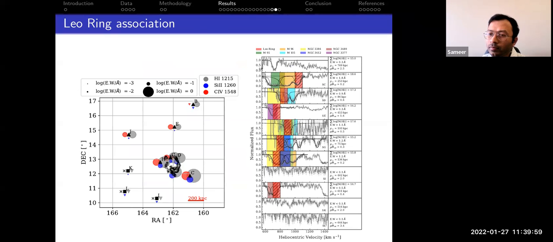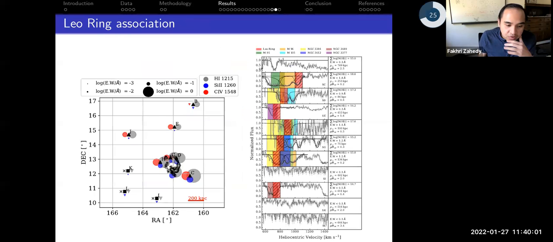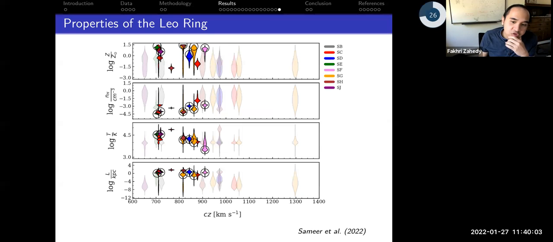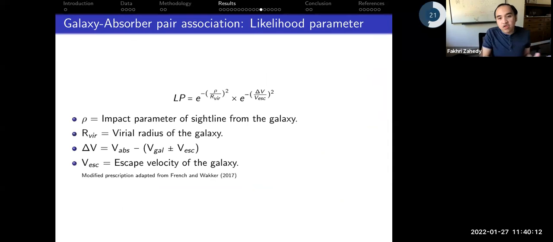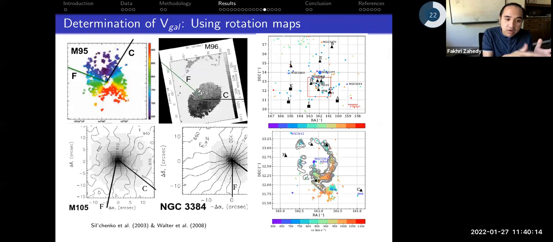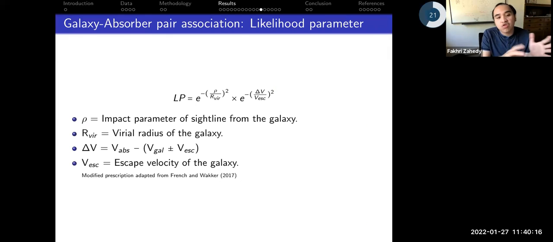Some really interesting stuff about this. My question is whether you've looked at the likelihood analysis you did to try to associate one galaxy to one absorption, based on kinematic location and also distance in projection, right?